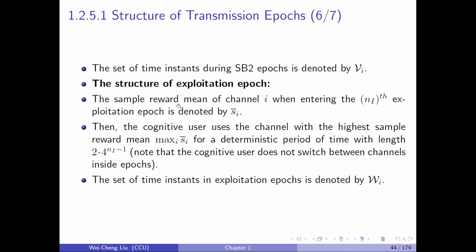The sample reward mean of channel I when entering the i-th exploitation epoch is denoted by S bar I. Then the cognitive user uses the channel with the highest sample reward mean, maximum of S bar I, for a deterministic period of time with length 2 times 4 to the power of N_i minus 1.